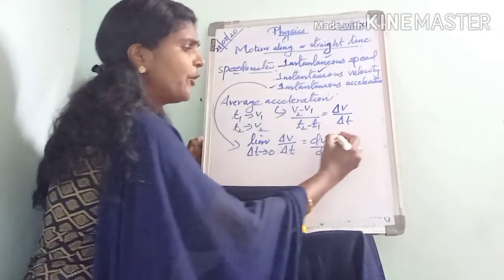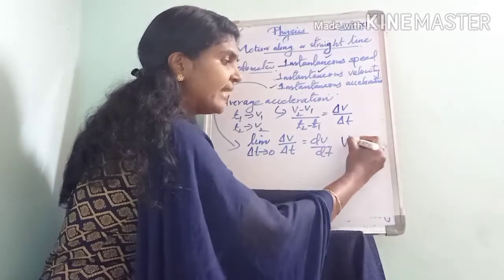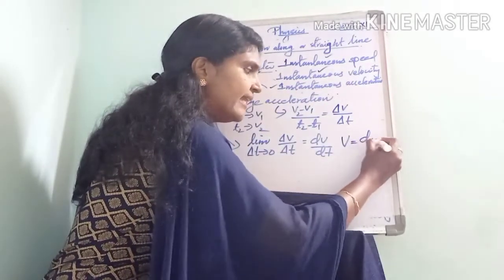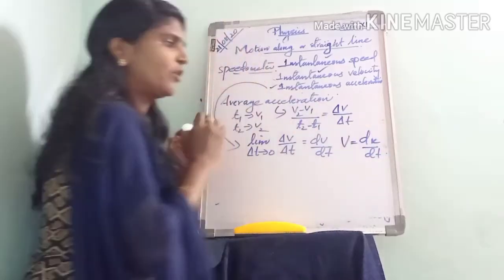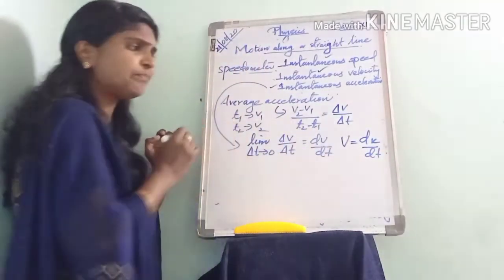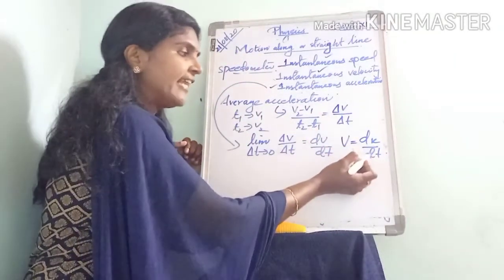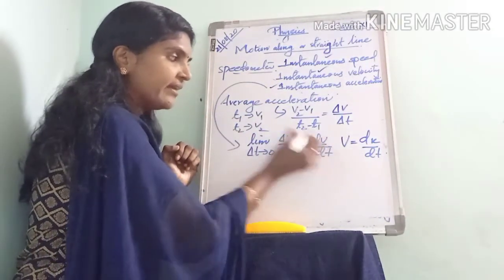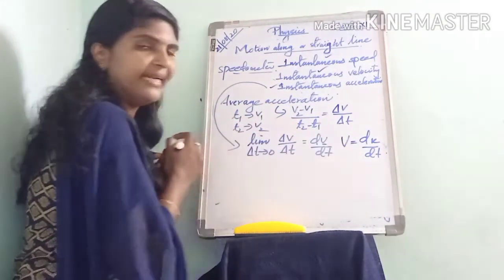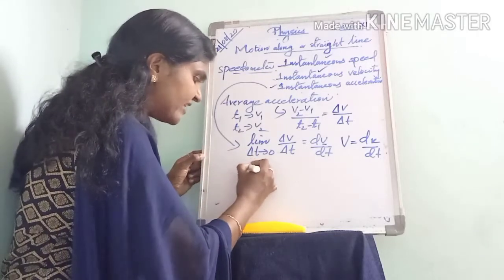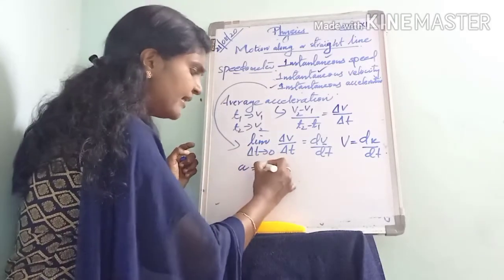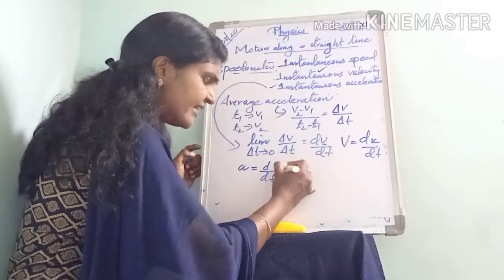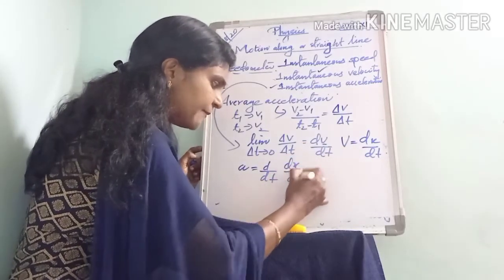Now, you know the equation for instantaneous velocity. It is v equal to dx by dt. We can substitute for v here, so instantaneous acceleration a is equal to d by dt of dx by dt.